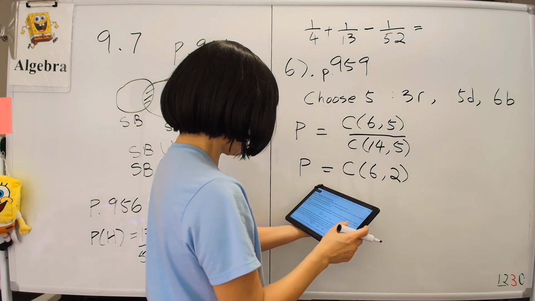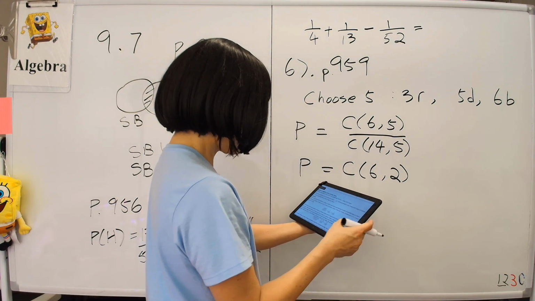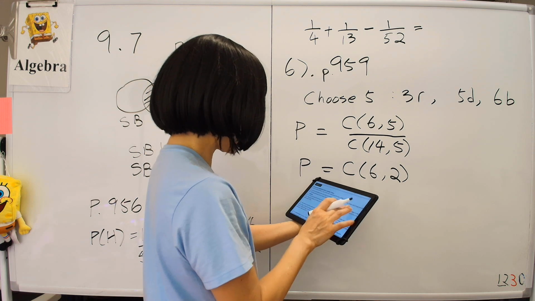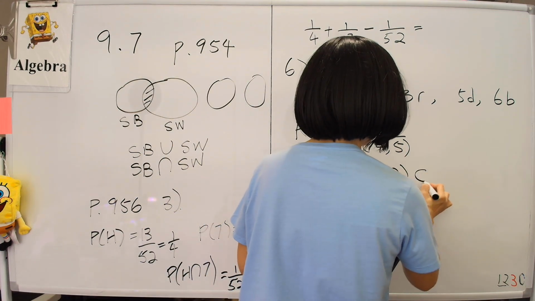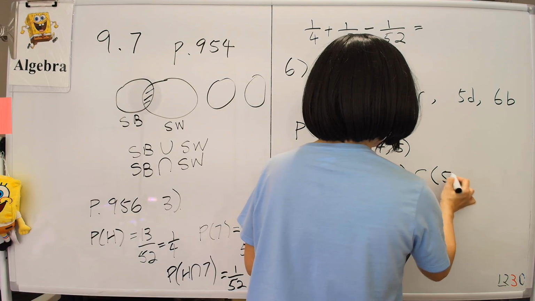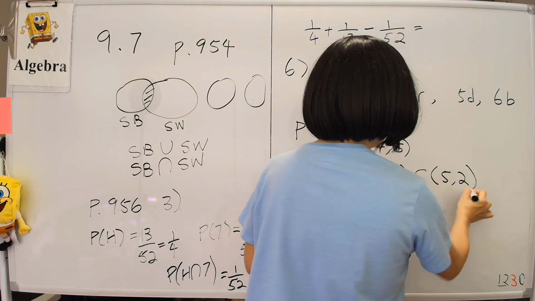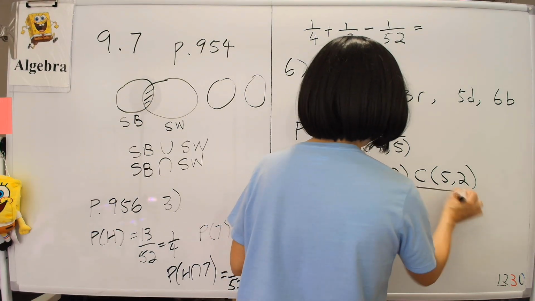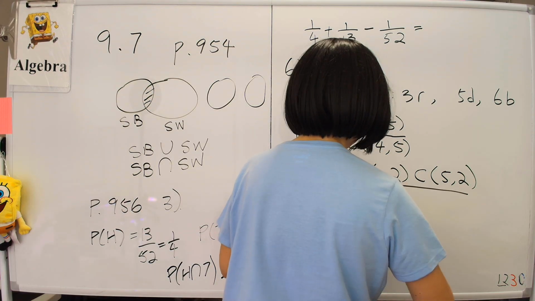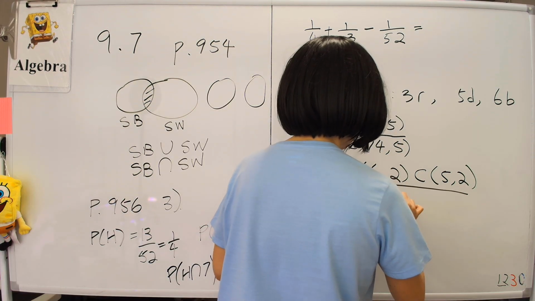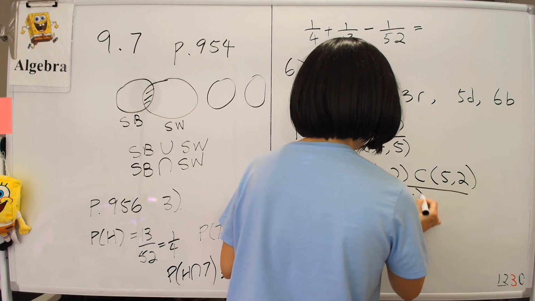And then 3 dogs. There are 5 dogs, so we need 5 choose 3 for the dogs, and then divided by the same thing as before, which is choosing 5 out of 14 toys.